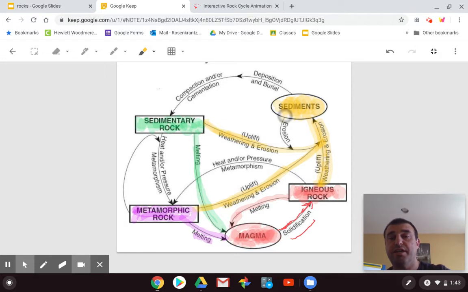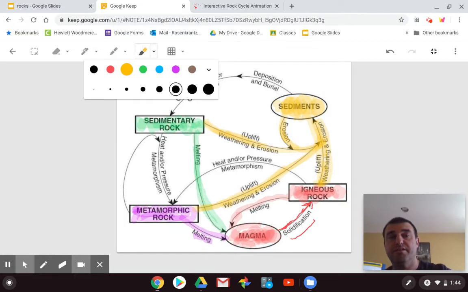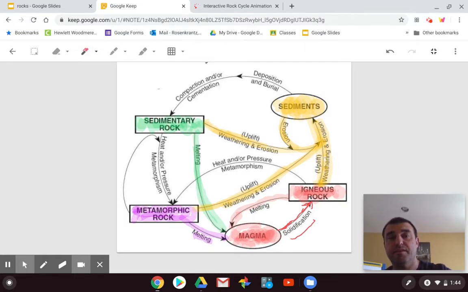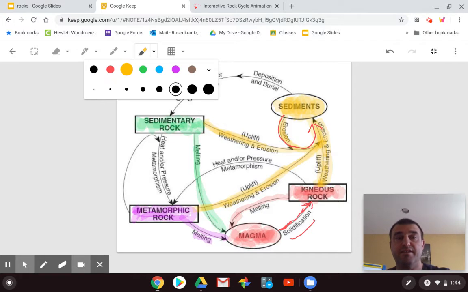And this is showing even sediment can be made into smaller sediment. That's like saying a pebble can become sand if it gets crushed. Okay? Now, how do we turn that sediment into sedimentary rock? That's the next step in this rock cycle.